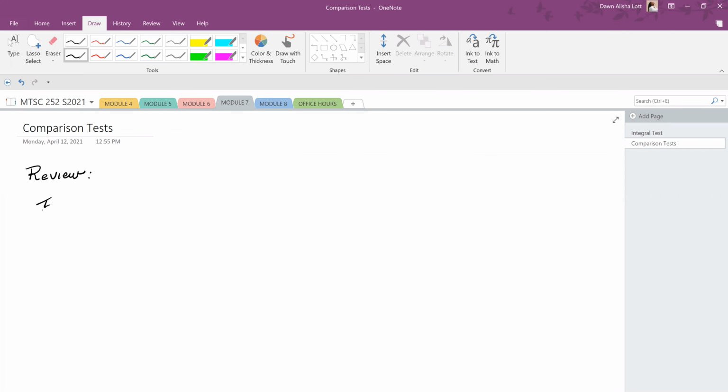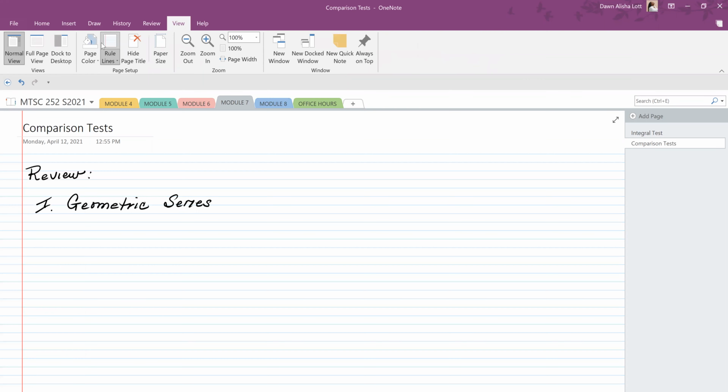The first thing we had was the geometric series. And on the test or any type of assessment, you have to be able to tell the test you're using, whether or not the series converges or diverges, and give justification.